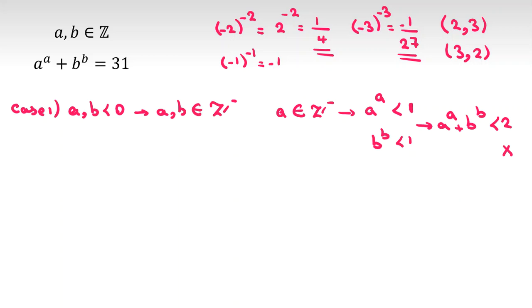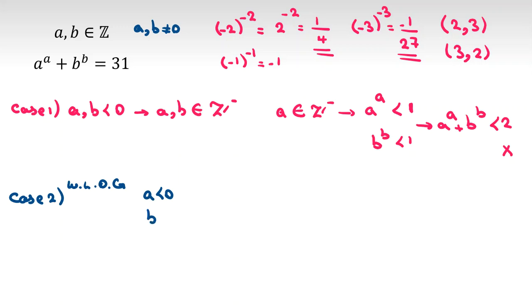Now, let's consider case 2. In case 2, one of them is negative. So without loss of generality, suppose A is negative. Let me tell you something: A and B are not 0, because 0 to the 0 is undefined.